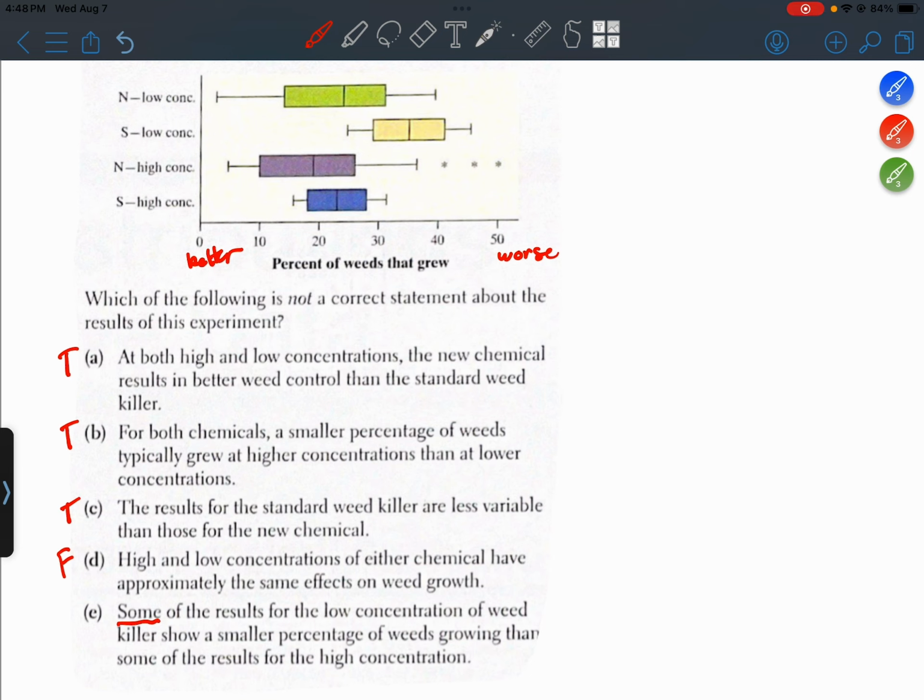Do some of the results in the low concentration, like maybe that result there, show a smaller percentage than for the high concentration, like that there? Yes, of course. The minimum value for the new chemical low concentration is indeed a smaller percentage than the maximum value in the high concentration.